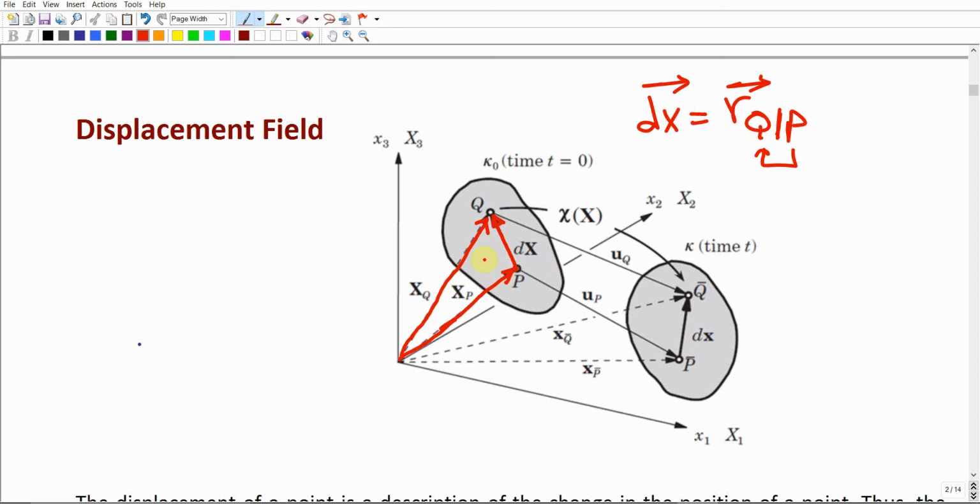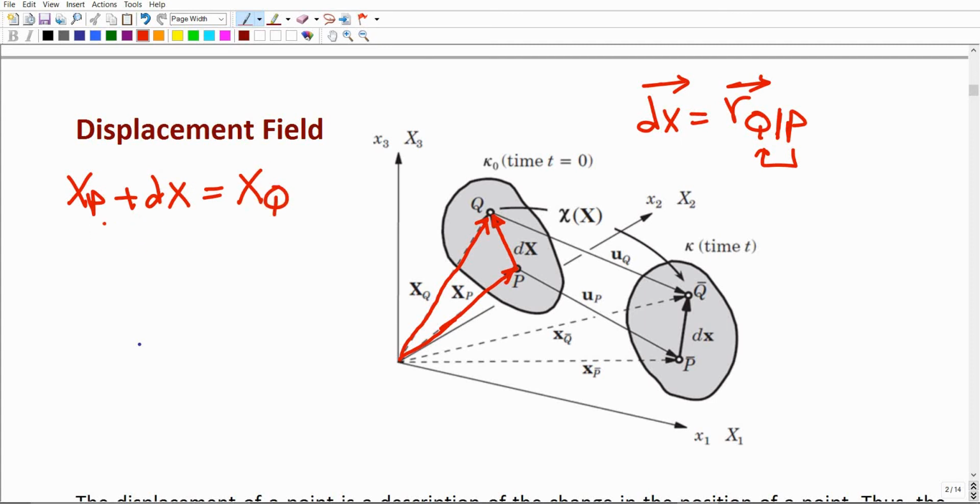If I ask you to write the loop closure equation, you're going to find that XP and dx are in the same direction, and XQ in the opposite direction. So we're going to have XP plus dx equals XQ.